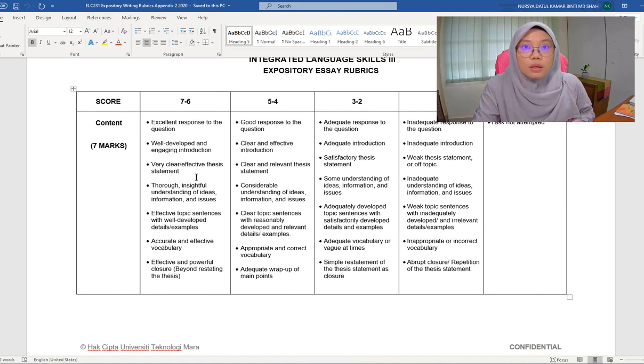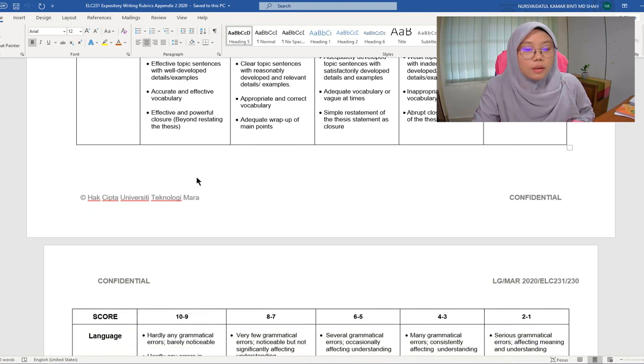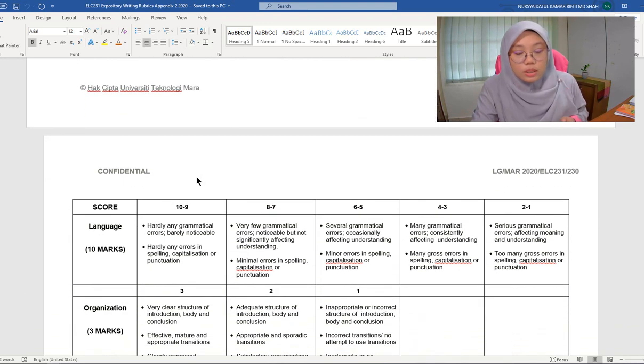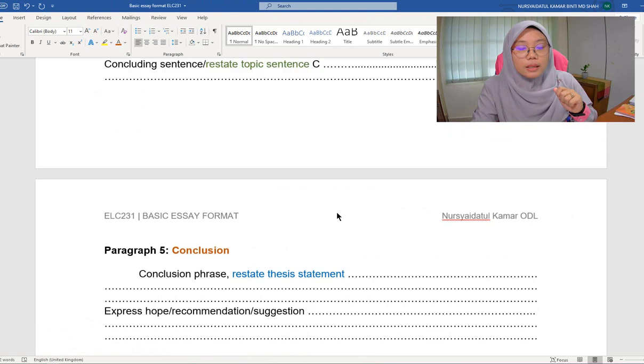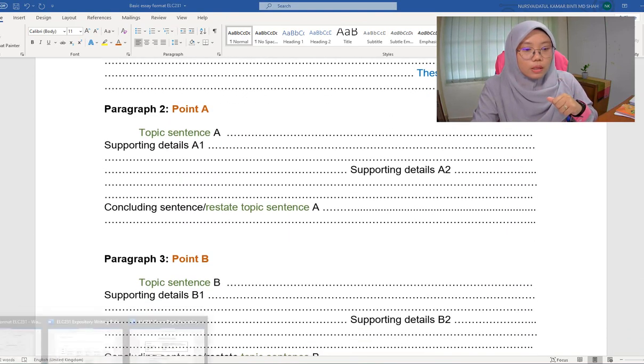This is very important for you to know and to make sure that you do not go out of context. Okay, do not go out of topic. You need to stay within the topic given. That is why with a very well constructed essay like this one, it's quite difficult for you to go out of topic. Okay.